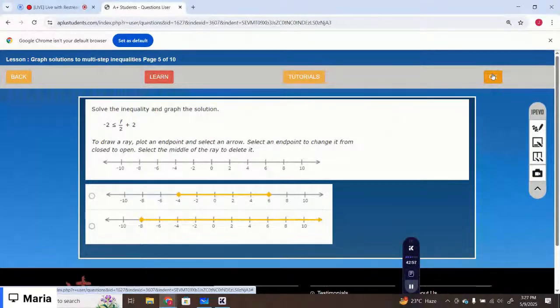Solve the inequality. Negative 2 is less than equal to f over 2 plus 2.